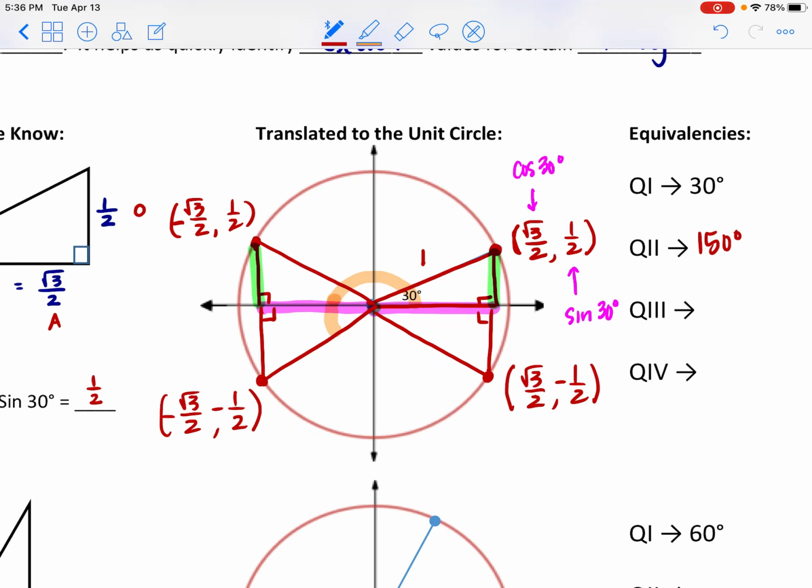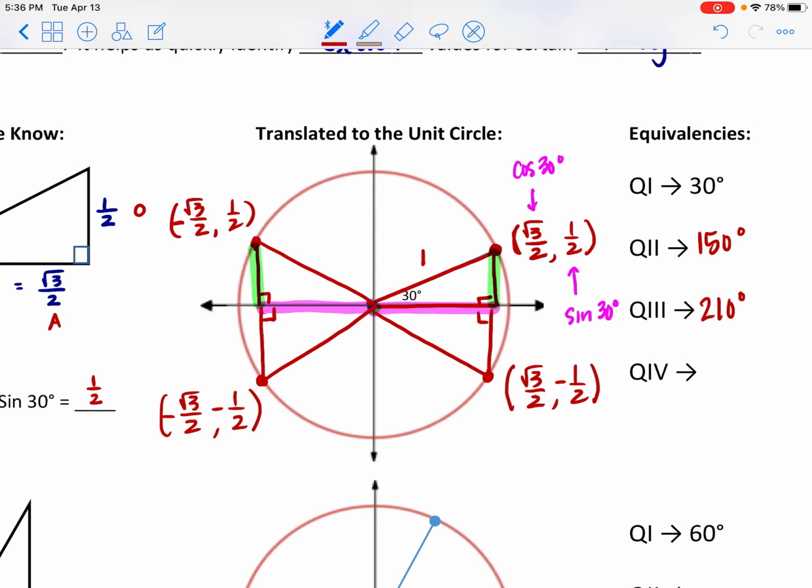So in quadrant 3, we're looking at 180 plus 30, which is 210 degrees. The sine at 210 degrees and the cosine at 210 degrees is going to be the same as the sine and the cosine at 30 degrees as it was at 150 degrees. All three of those angles have the same sine and cosine. The only difference is, because it's in quadrant 3, the signs change, right?